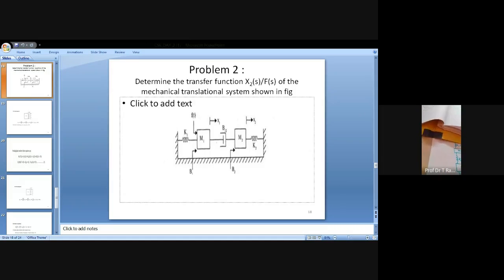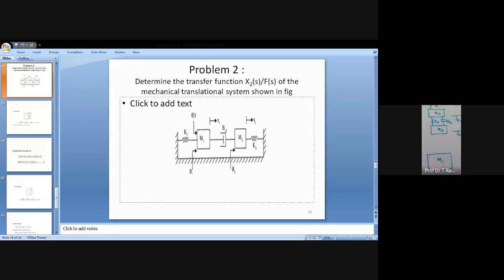So, free body diagram for M1. M1 I am drawing. This is mass 1. So how many components, and what are the components connected to M1? You type your answers.